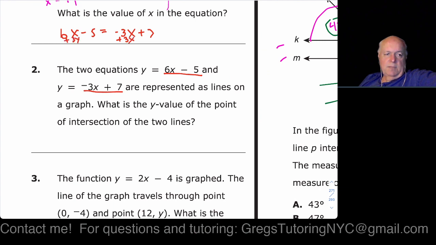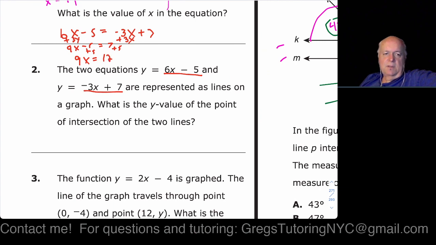That gives me 9x minus 5 equals 7. I'm going to add 5 to both sides, so I get 9x is equal to 12. And at that point, I'm going to divide both sides by 9.